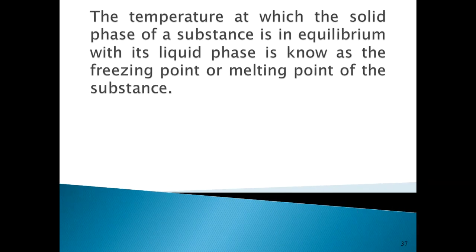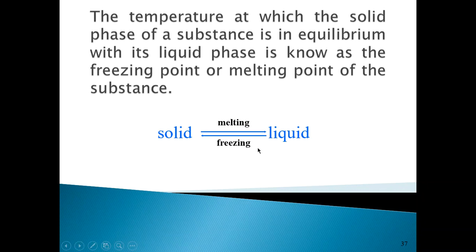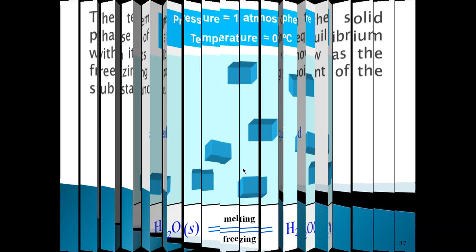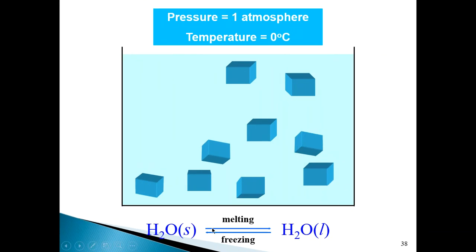The temperature at which a solid melts is the same as the temperature at which the liquid of the same substance freezes. So therefore, the freezing point and the melting point are both the same thing. So at the melting point, you have this equilibrium taking place between the solid state and the liquid state, all right? Now, the freezing point of water is 0 degrees Celsius.